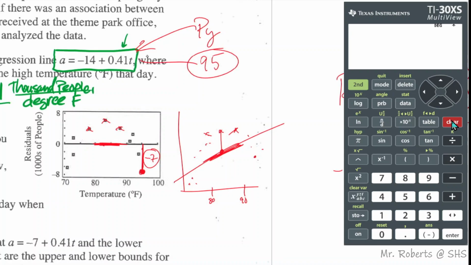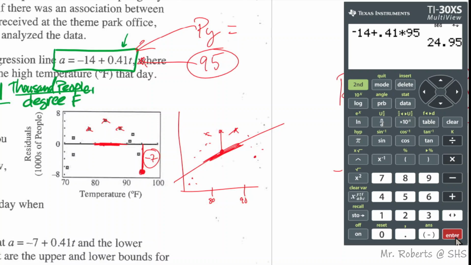That's the temperature. And it's going to give me my predicted y. So it's just going to be -14 plus 0.41 times 95 degrees. Boom.